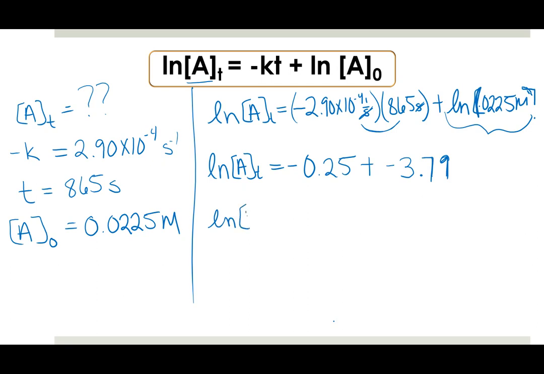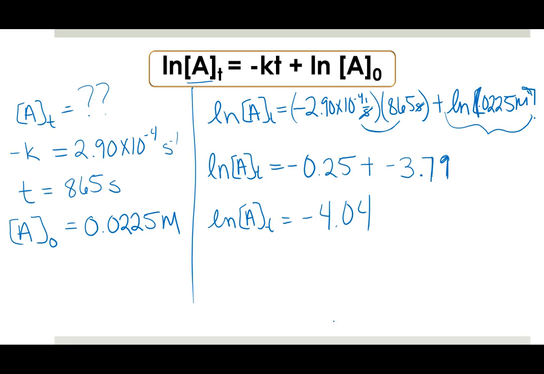So natural log of A at time t is going to be negative 0.25 plus negative 3.79, and that's going to equal negative 4.04. Well, how in the world do we solve for the concentration of A when it's got a natural log in front of it?